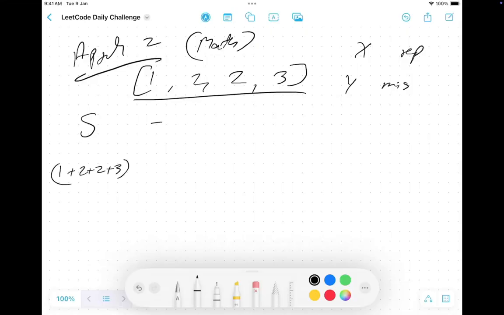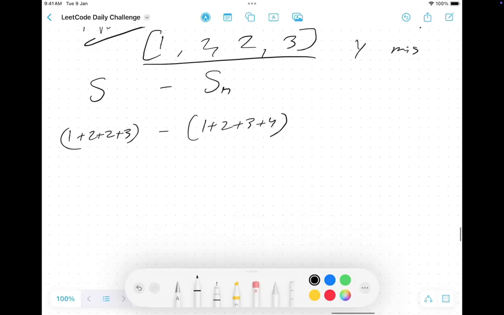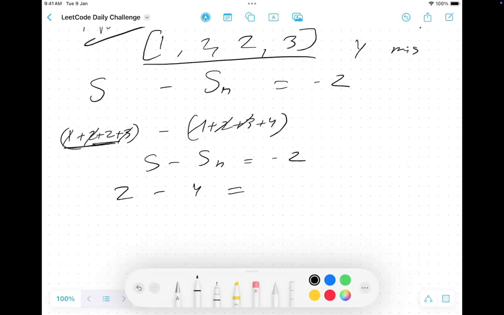Then we subtract the summation of n terms, which is 1 plus 2 plus 3 plus 4. So we got, after cancelling, minus 2. So s minus sn is equal to minus 2. What is this? This is 2 minus 4, which is s minus sn, right?